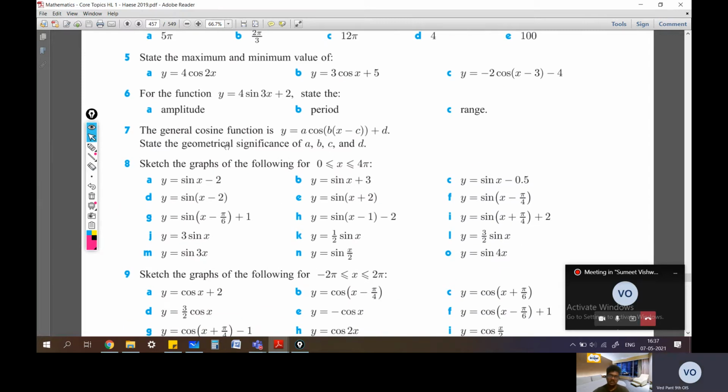You try this, sketching the graph. Okay, the first, so I have tick mark.